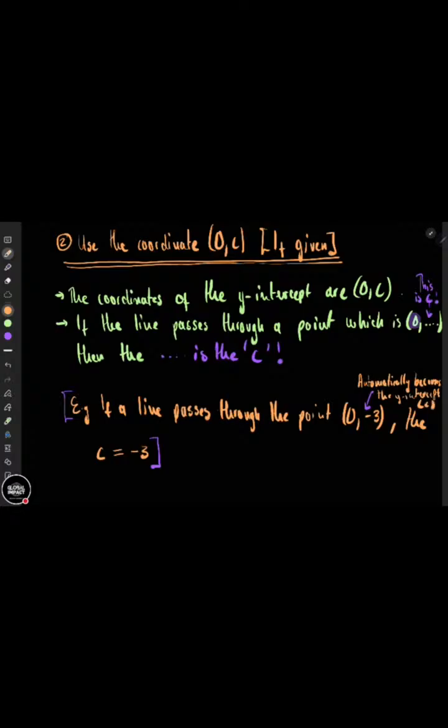That is because it's (0, something). So if you have a line which passes through (0, something), why are you wasting time looking for c? You've been given c. Use it, please.